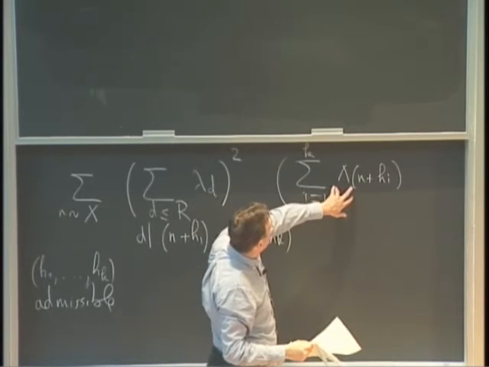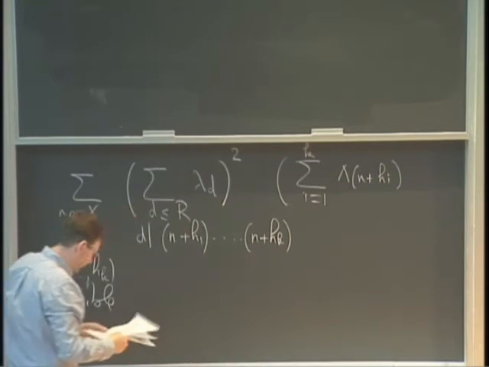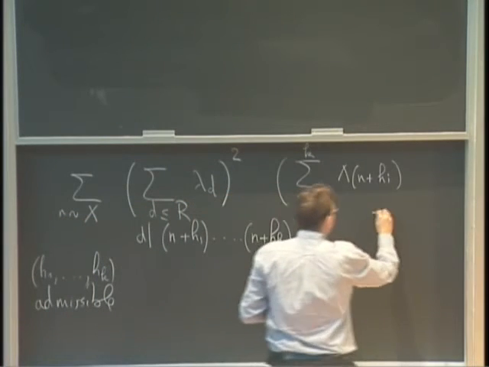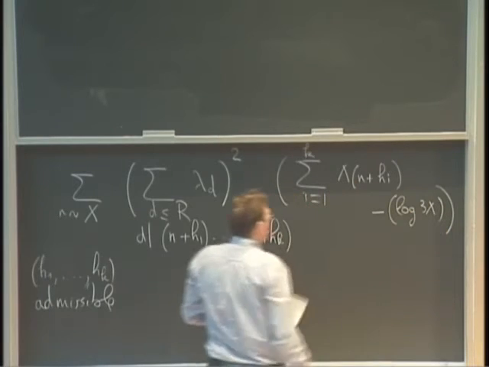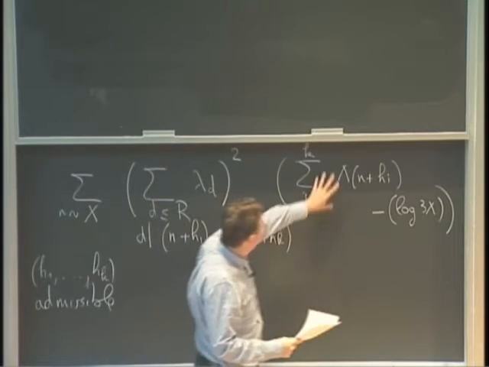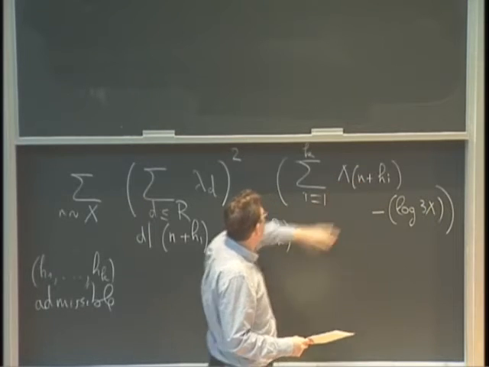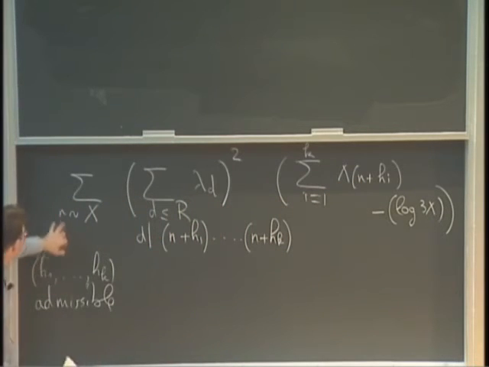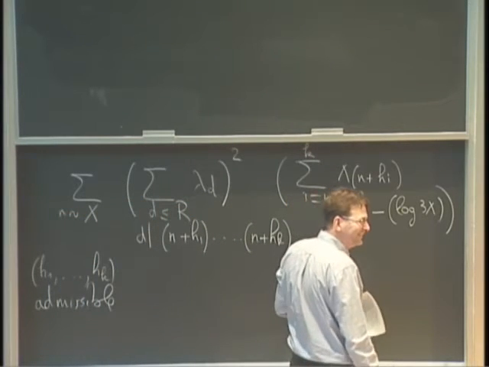So this should really be some kind of characteristic function of the primes, but for my purpose, it doesn't make any difference. And you want to say that at least one is prime, and this would be the case if this sum is positive, because this is at most log of 2x plus a constant.